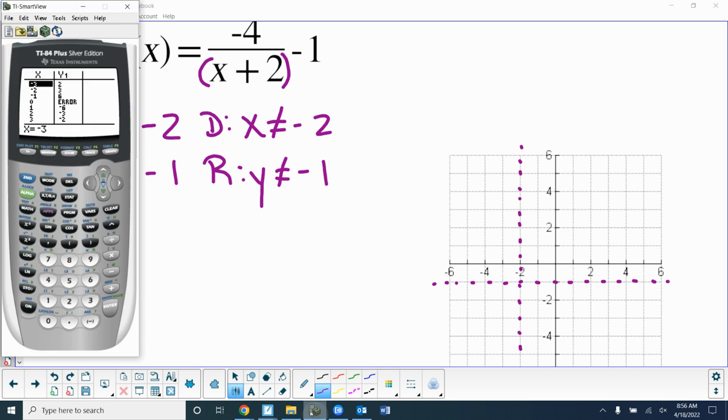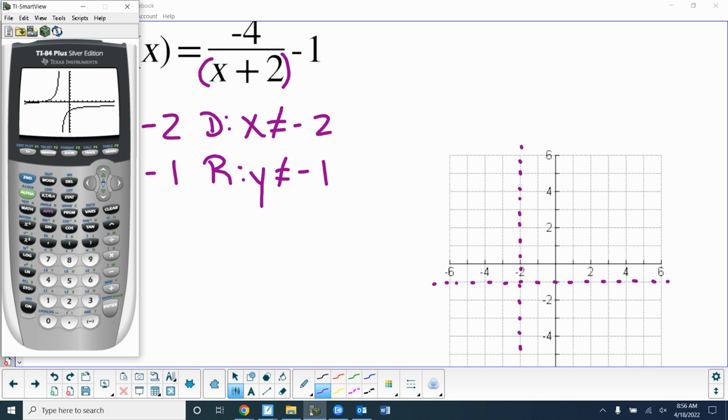So again, on mine, I'm going to have to put y equals, and then I got my negative there, so I'll just move over 4 divided by, and then parentheses, x + 2, close it off, and then the -1. And then hit graph, and you'll see we're in the second and the fourth quadrant.